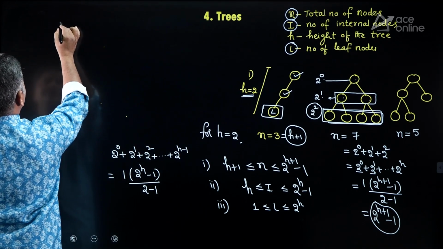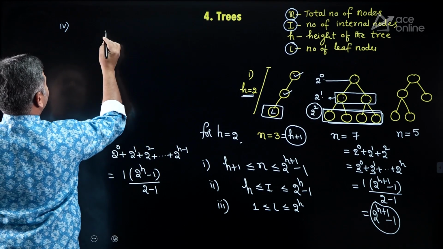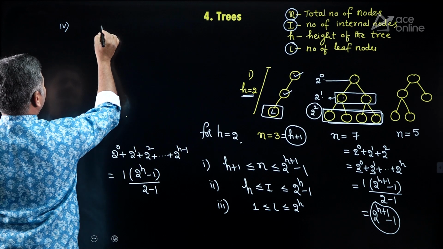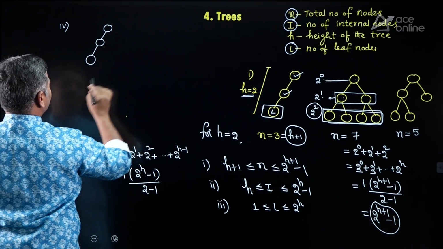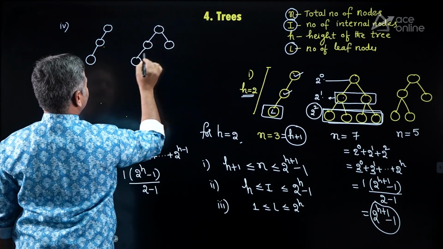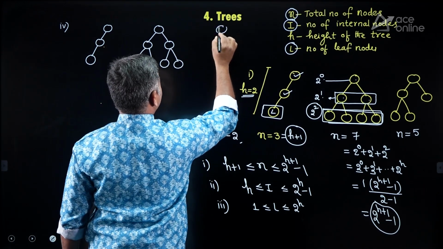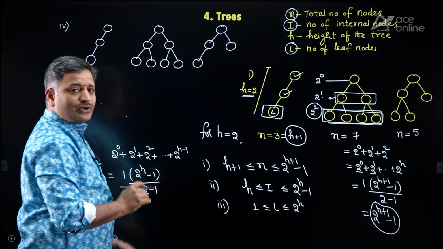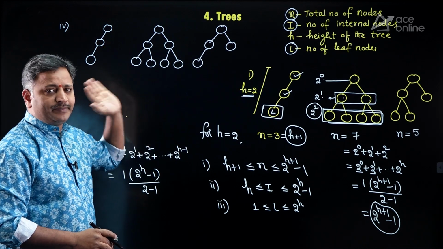And the fourth property: suppose you are considering a tree which is a left skewed binary tree, and then a full binary tree, and also if I consider a complete binary tree. You know, complete binary means all levels are full except possibly the last level, filling from left to right. That is called a complete binary tree.